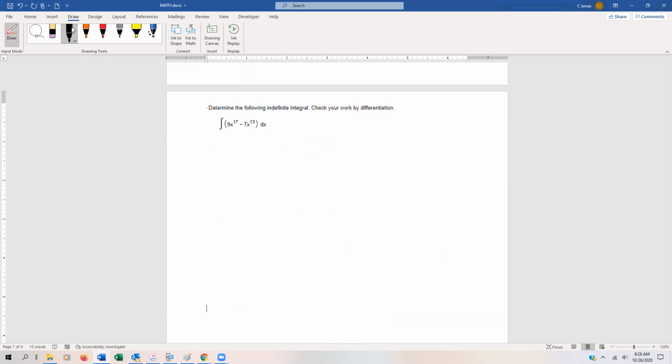Now, the first thing we might wish to do is split this up into two separate integrals and then factor out the coefficients. So we can write this as 9 times the integral of x to the 17th dx minus 7 times the integral of x to the 13th dx. And now we could just use our rules for anti-differentiation.